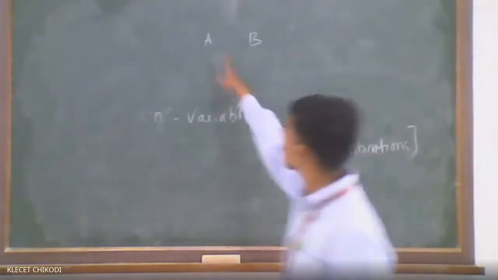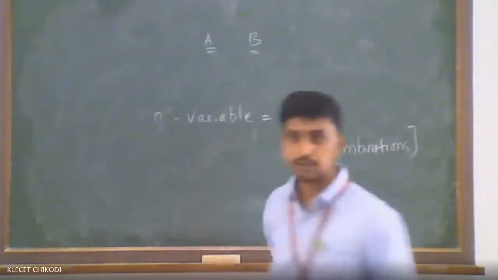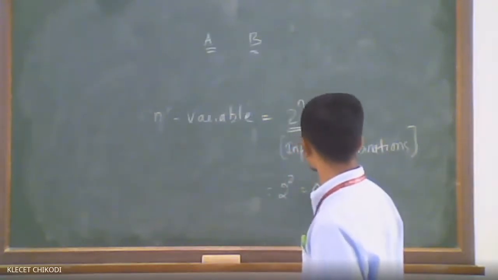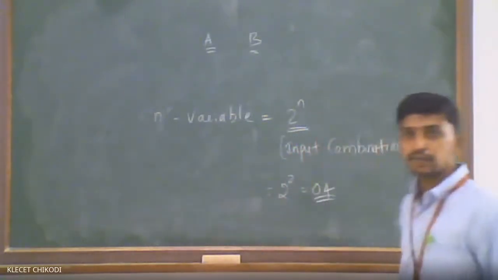Since we have 2 variables here, that is A and B, it will be 2 to the power 2, which is 4 input combinations we will get.